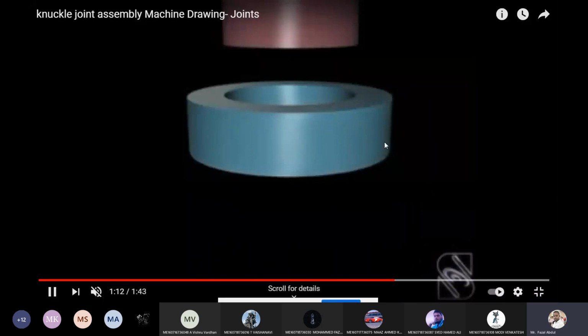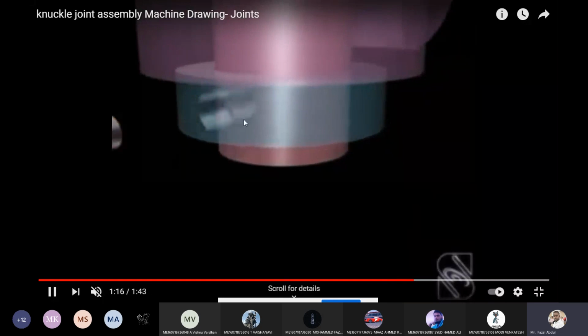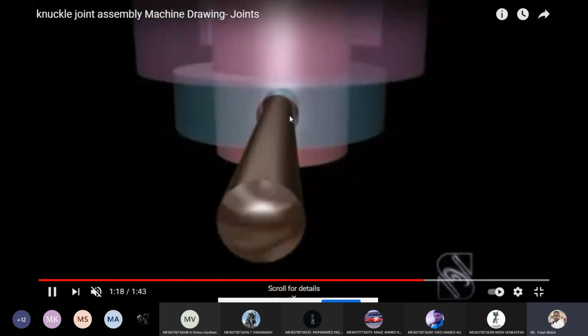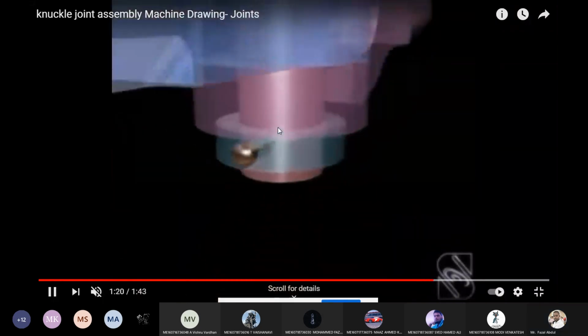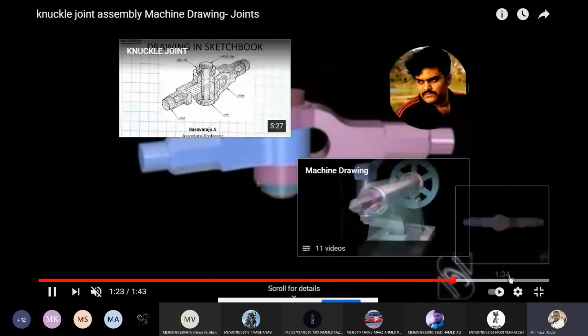Here two holes are created in this collar. These two holes are matched with the knuckle pin, and then another knuckle pin is inserted. So this is the assembly of the knuckle joint.